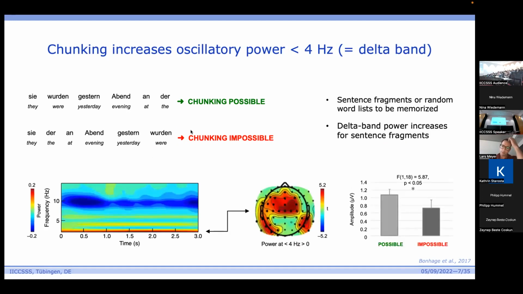And the comparison of the two conditions just gives us an increase in low frequency power here over the anterior sensors. And that's the first step where we thought we're on the right track with this hypothesis. But this is not about duration of units yet. This is just about how much energy we get spectrally for this and that condition.